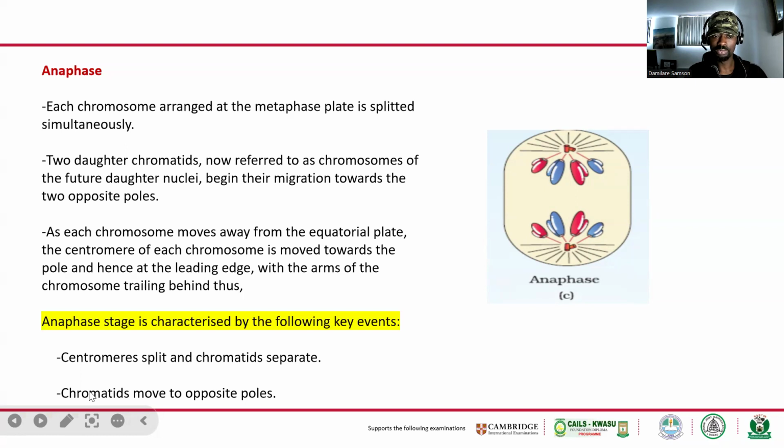And for the other one, we have the chromatids moving to opposite poles. They move to the opposite poles, as you can see. These are the main key events that occur there.